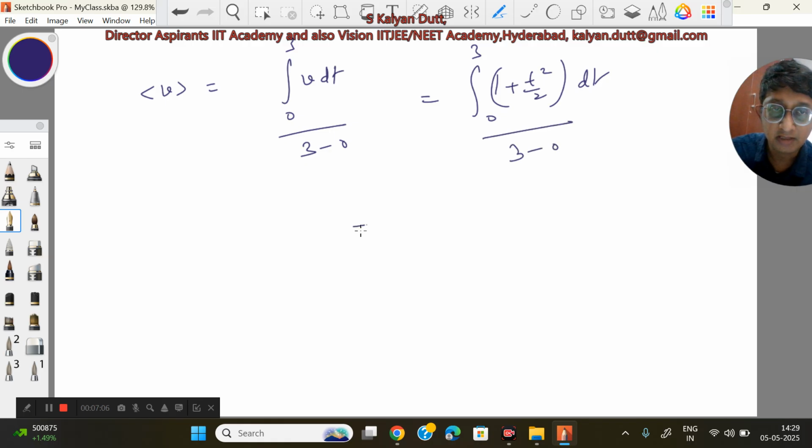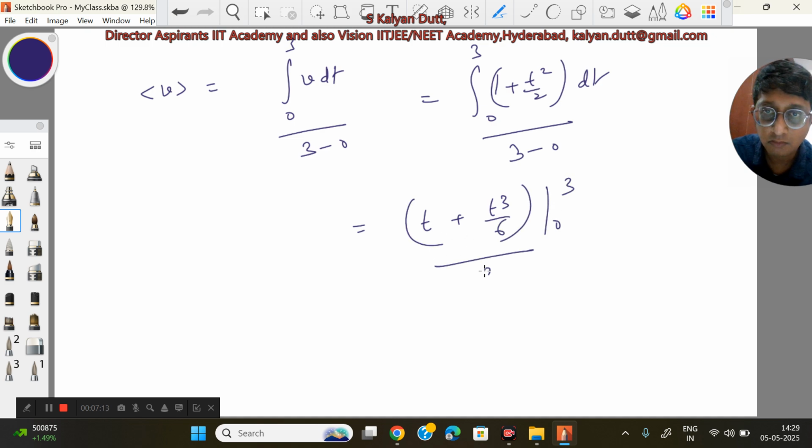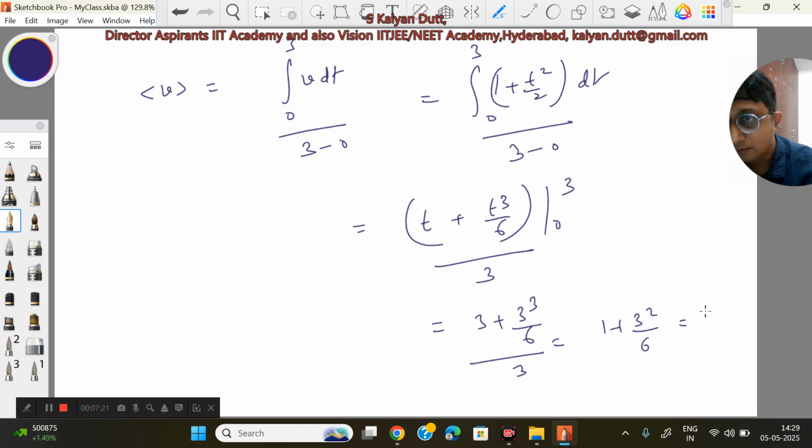This is the correct way of calculating. So t plus t cube by 6, from 0 to 3, by 3. So 3 plus 3 cube by 6, by 3. That is 1 plus 3 square by 6. 1 plus 3 by 2. That's going to be 5 by 2 is the average velocity.